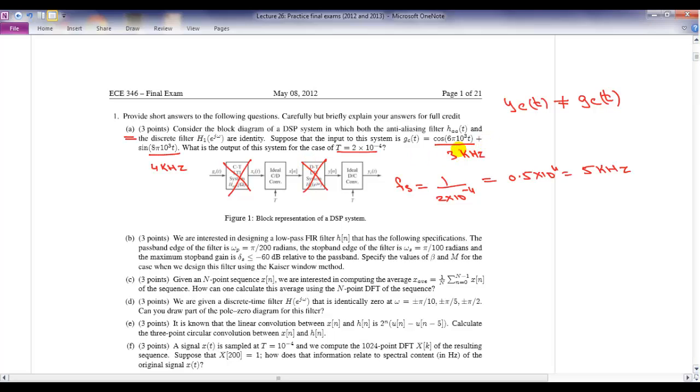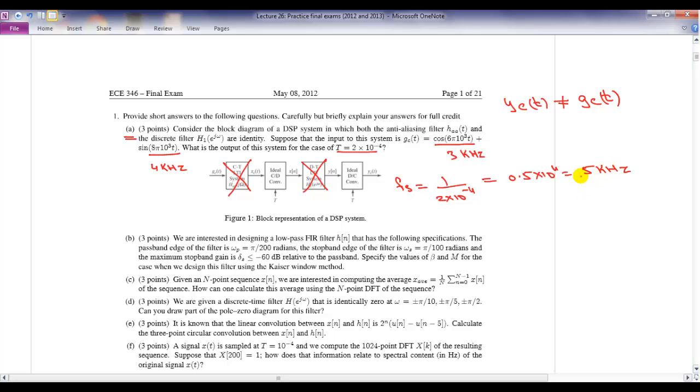So now these are pure sinusoids, and figuring out what your alias frequency is is rather simple. We have the aliasing chart. You can either make the figure, or you can simply use the aliasing chart to go back to what frequency you will arrive at. At the very least, whether cosine or sine is a different thing, but you know where the 3 kilohertz frequency will be mapped to in your input.